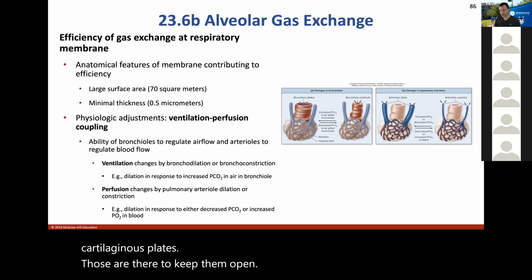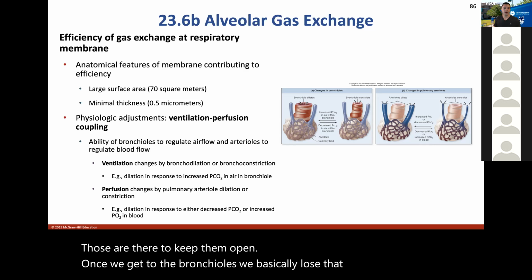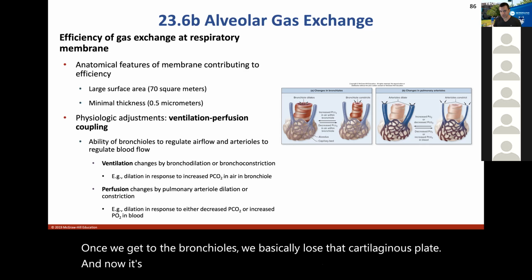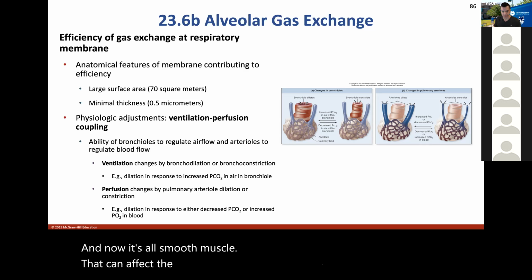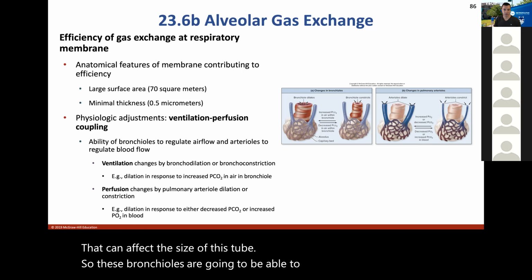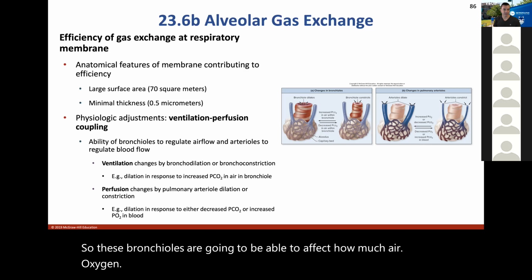Once we get to the bronchioles, we lose that cartilaginous plate, and now it's all smooth muscle that can affect the size of this tube. So these bronchioles affect how much air, oxygen, gets down into the alveolus.